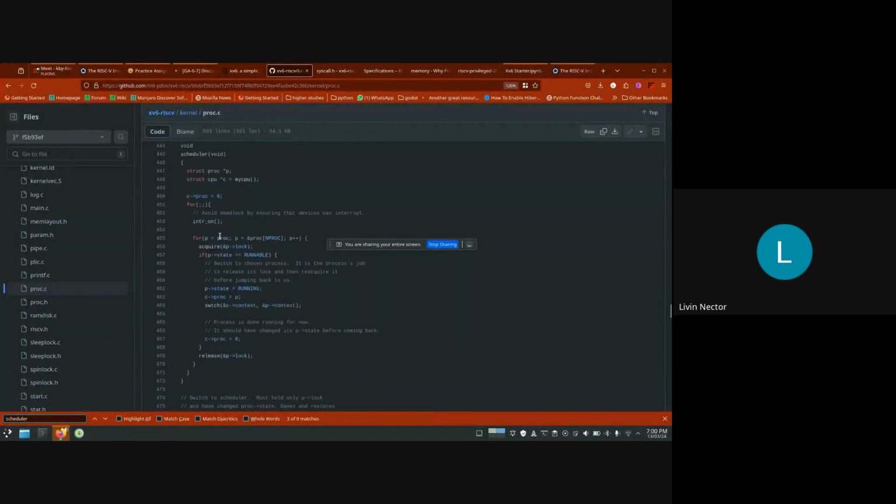Simply we are running a for loop, finding which process is runnable, then we run it until the next timer interrupt occurs. We don't do anything fancy like giving priority. It's just basic round robin.